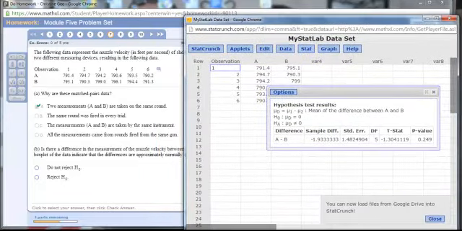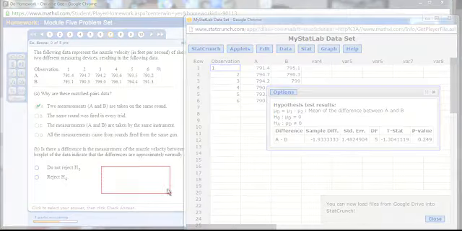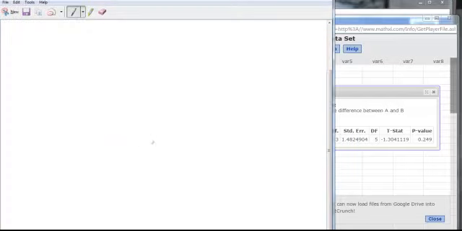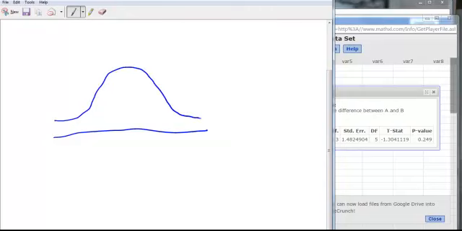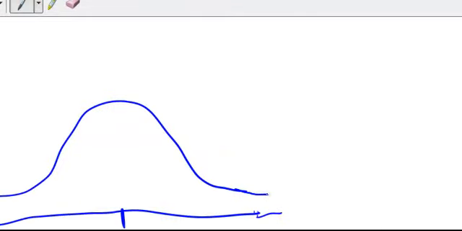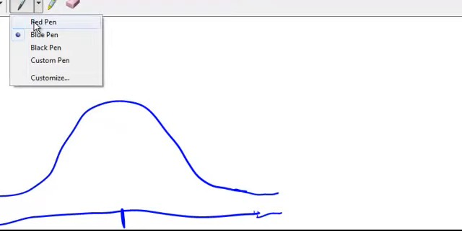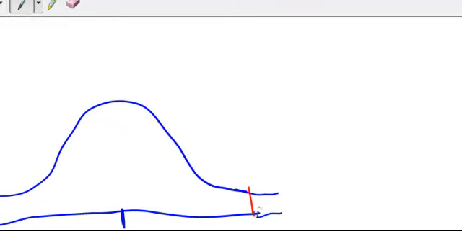So let me go ahead and try and explain this a little bit. We have our distribution. Let me go ahead and get the pen. Here in the middle is the mean difference. And here we're looking at the rejection area way down in the tail, and it's 0.01.